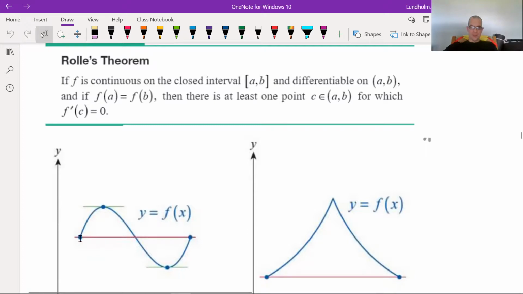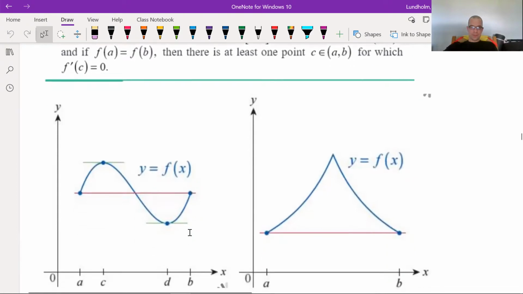You can see here that since we've got endpoints that are at the exact same y value, we know that somewhere along the line, as long as the function is continuous and it's differentiable on this interval, at some point, the derivative is going to need to be flat as well. But notice how that breaks when this is not differentiable at all.